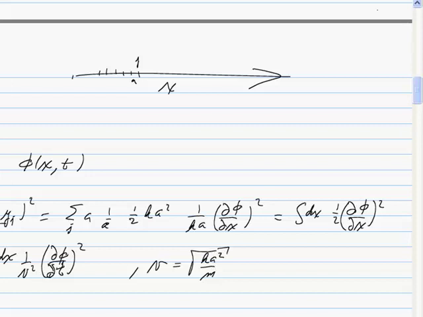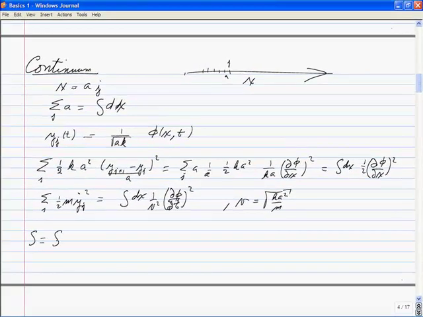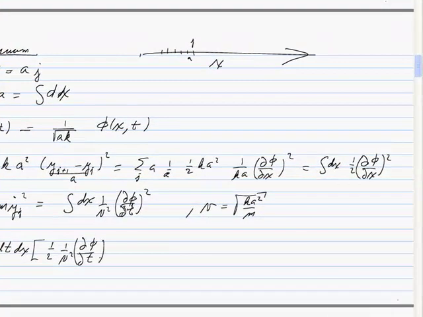So then the action is the integral dt dx of 1/2 1 over v squared d phi dt squared minus 1/2 d phi dx squared.